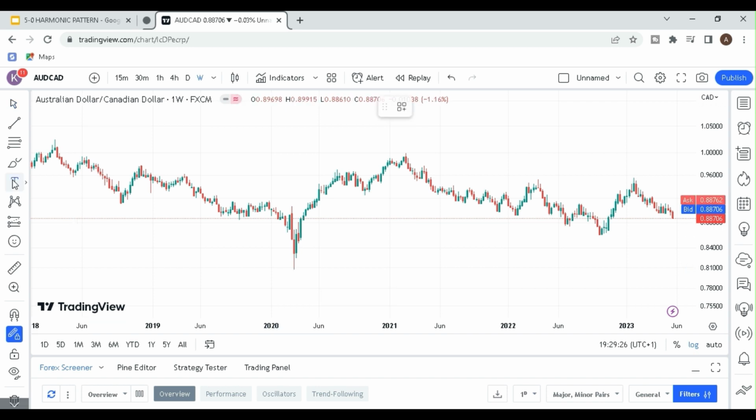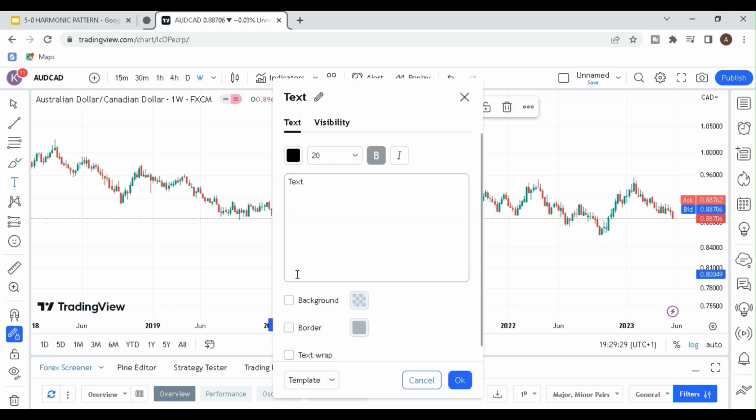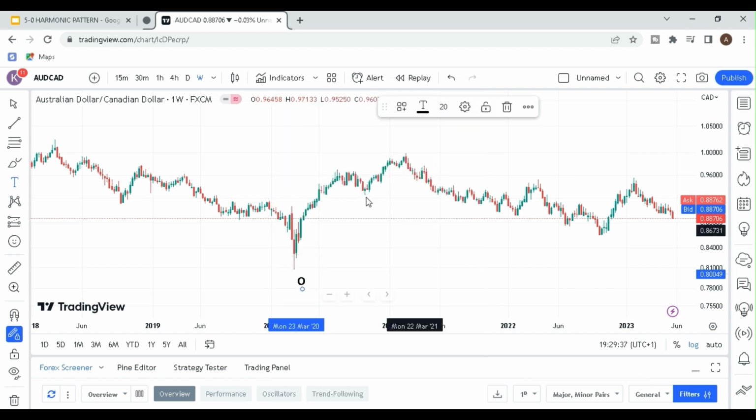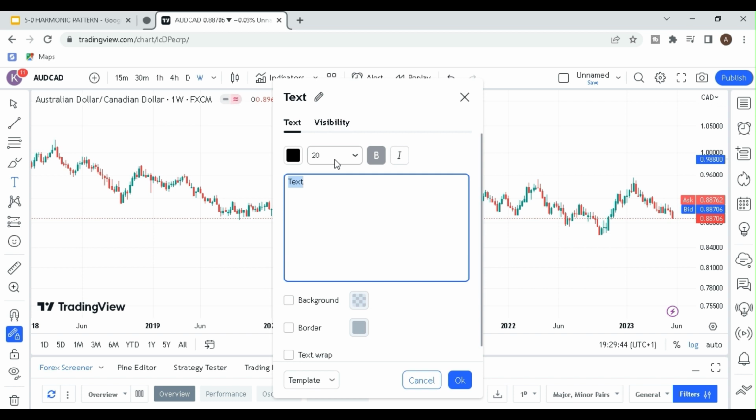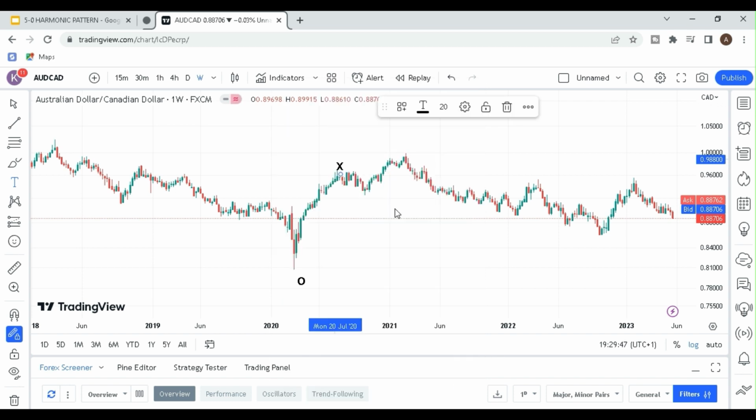So let this point be my point O for now. Point O. And let somewhere around here be my point X. So let's assume somewhere around here is my point A.